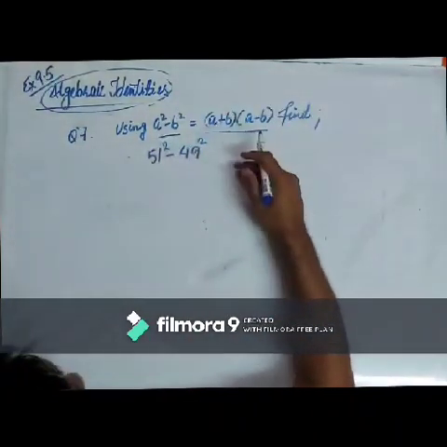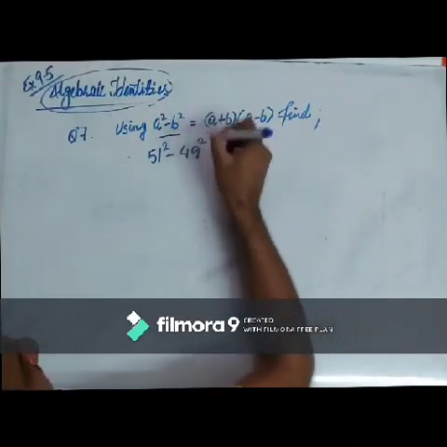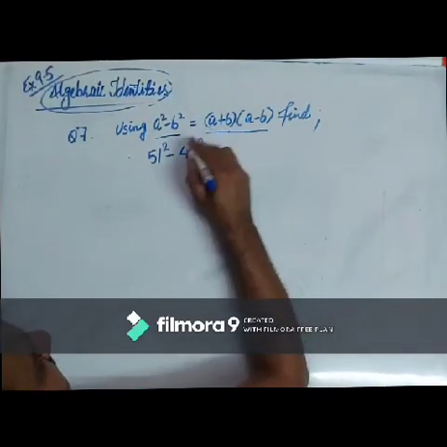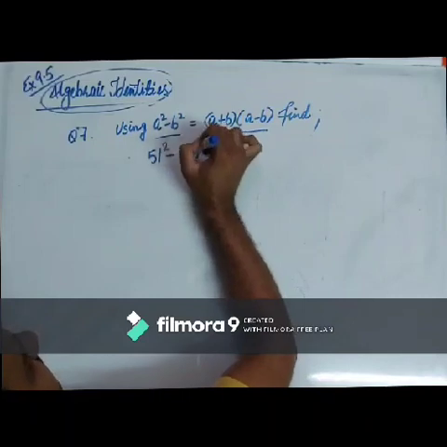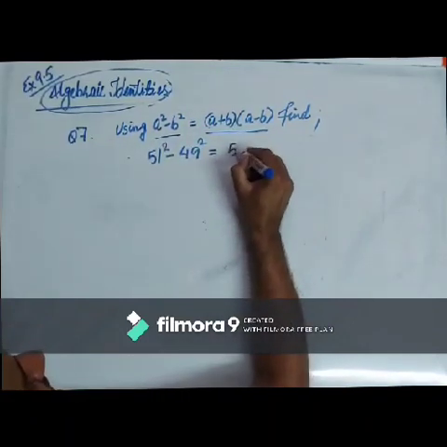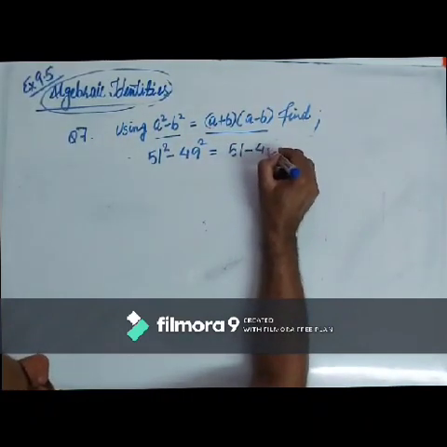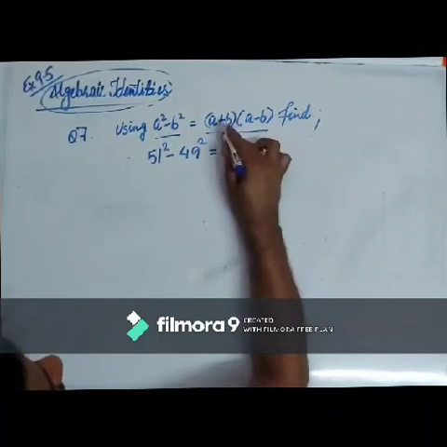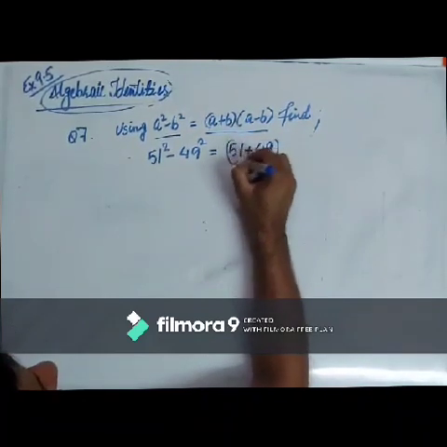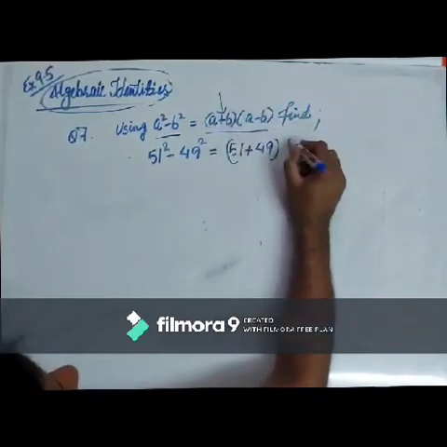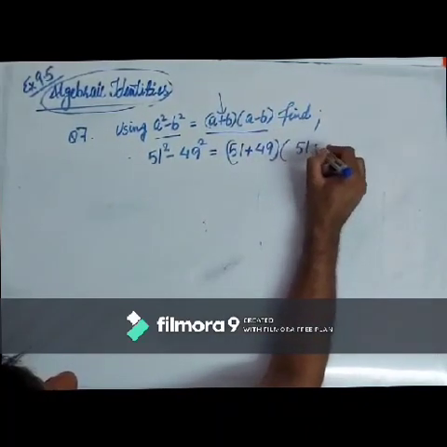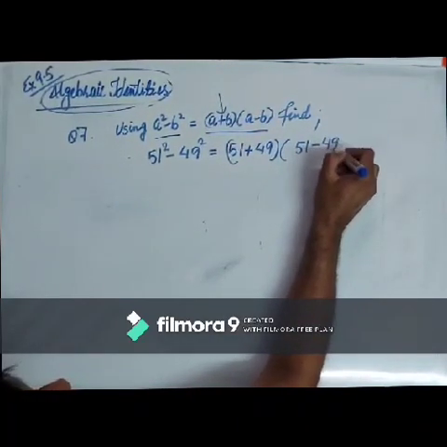In the reverse order, when we use this identity, here A is 51 and B is 49. So I will write it as 51 plus 49, into 51 minus 49.